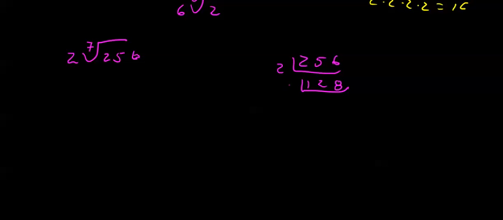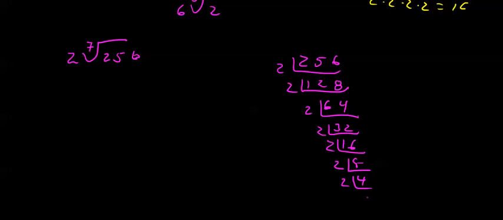Still even, still going to use 2. 64, still even, going to use 2. 32, even, going to use 2. 16, 8, 4, 2, all 2's. Now, the 7th root, so I look for 1, 2, 3, 4, 5, 6, 7 numbers that are exactly the same.